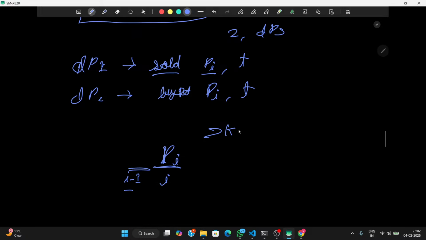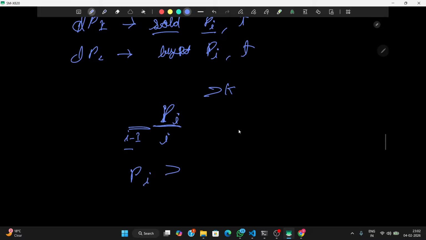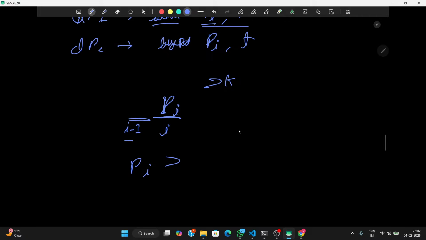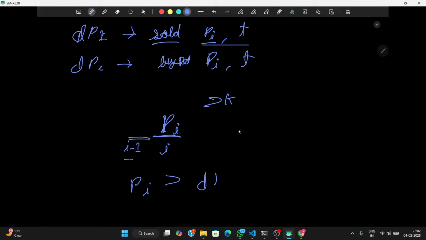For all the DPs, we will store a pair: Pi comma T. So we will simply calculate the difference between Pi and DP1 of I minus 1.